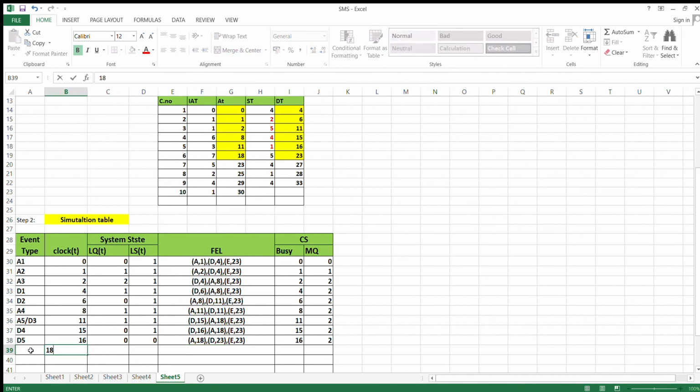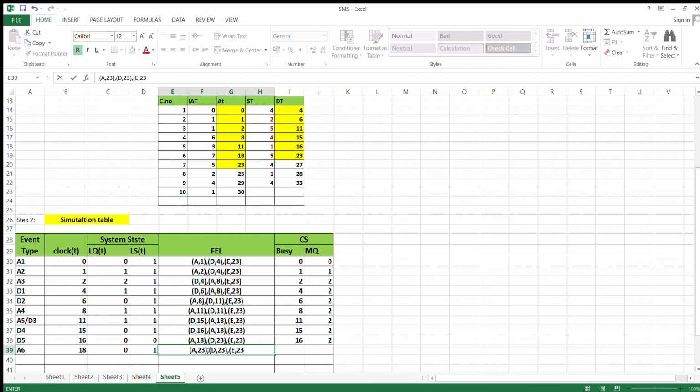18. Event type is arrival A6. So no customer in a queue. A6 will move to the service. We remove arrival means add arrival 23. A, 23. T, 23.